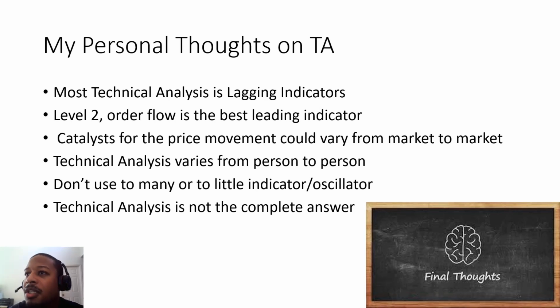Same for oscillators. I say try not to use more than maybe 3 to 5. I think 8 will probably be pushing it. But I think 5 is a sweet spot, or maybe 4 to 6, whatever you might want to do. But it's up to you, whatever is easier for you. So don't try to use too many, and again, don't rely on just one or two. Okay, have a mixture.